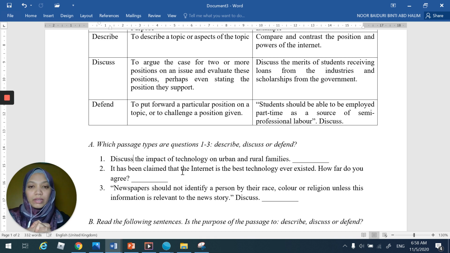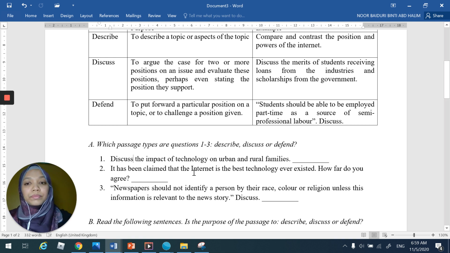There won't be any development of ideas towards certain points. The author will describe all possible impacts of technology on urban and rural families, where the author doesn't have to take a certain position based on the topic.